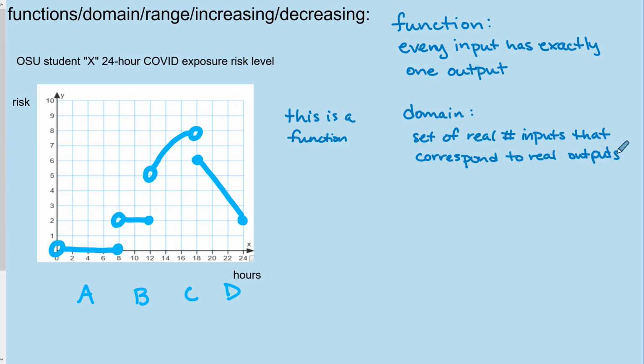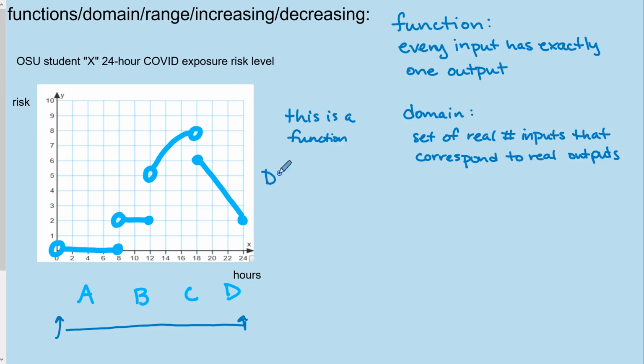So what's the domain of this function? Let's see, what x values does it go through? It doesn't go through 0, we have an open circle there. It goes through all the rest of the x values, all the way up to and including 24.